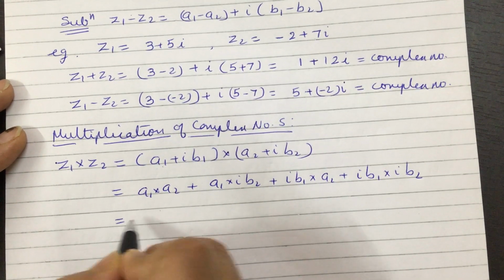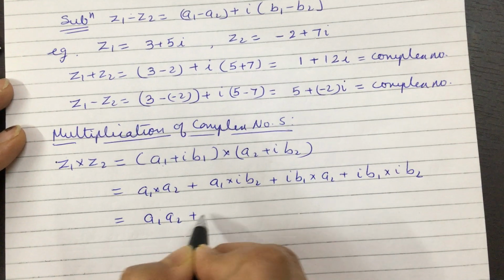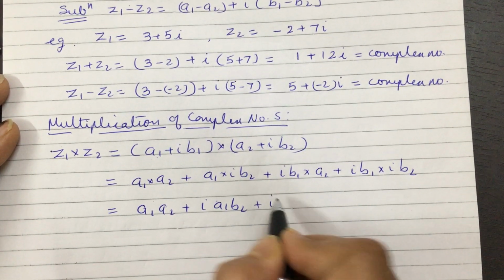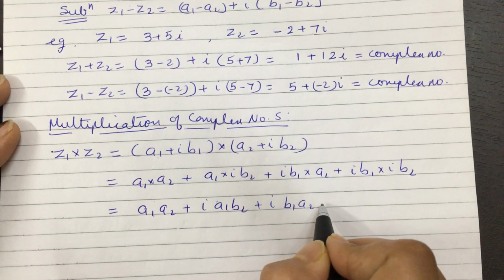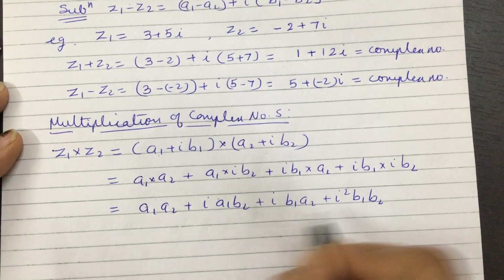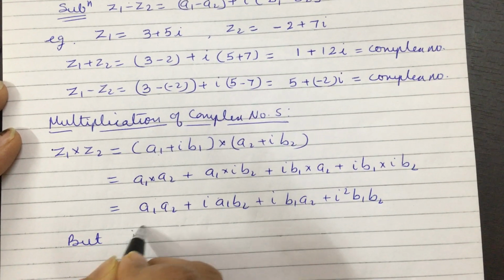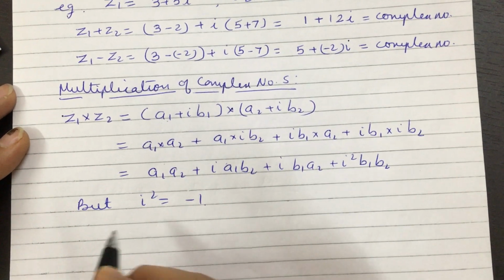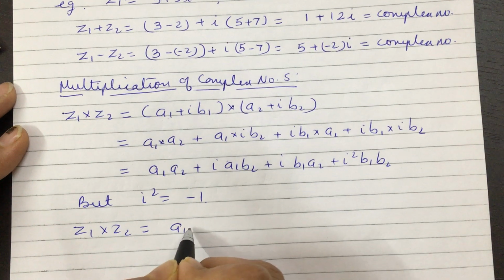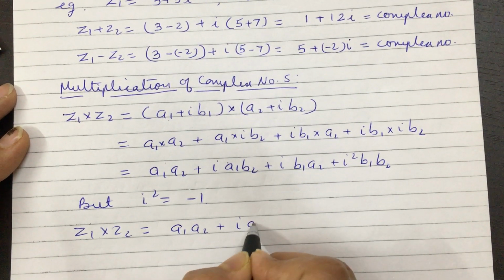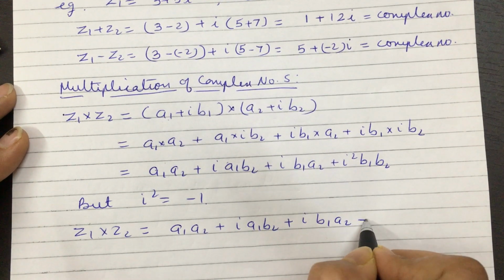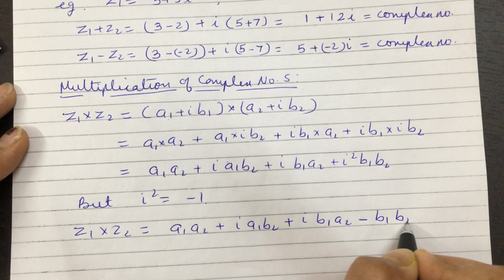Now this comes out to be a1 a2 plus i times a1 b2 plus i times b1 a2 plus i square times b1 b2, but i square equal to minus 1. So we get z1 into z2 is equal to a1 a2 plus i times a1 b2 plus i times b1 a2 minus b1 b2.